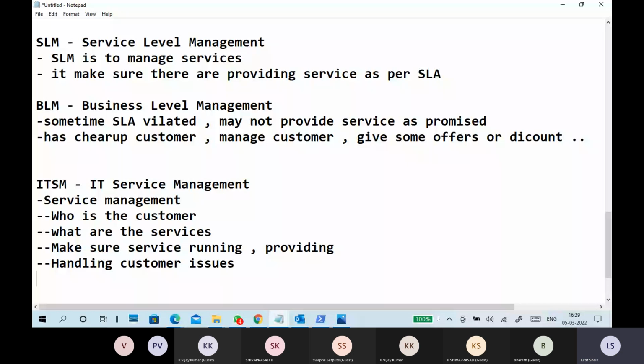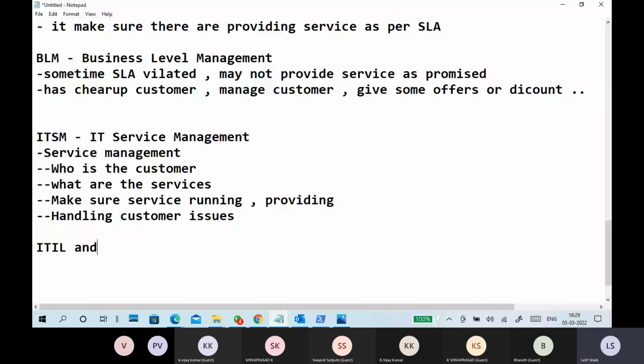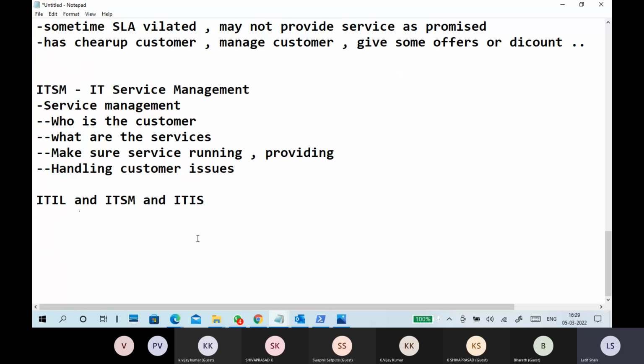So these are ITSM. There is a general question on ITIL and ITSM. ITSM only concentrates on service management. ITIL is the whole business. Next, some people will ask another question: what is ITIS?